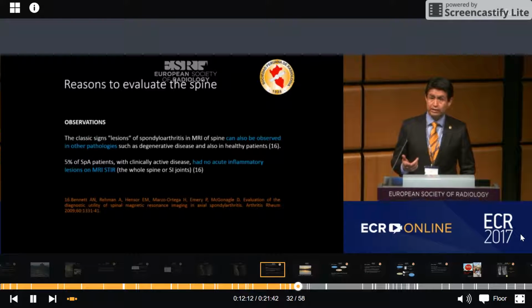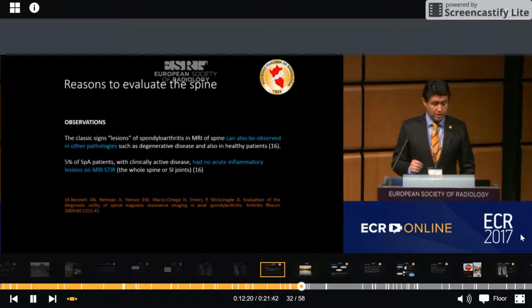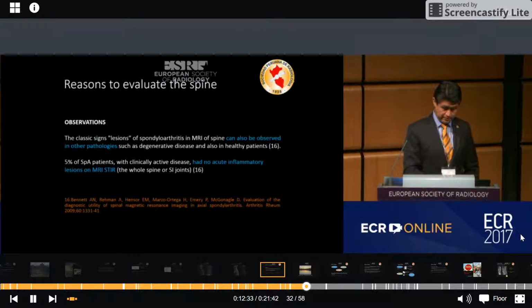We need to know that because we can overdiagnose spondyloarthritis. 5% of the SPA patients with clinically active disease have no acute inflammatory lesions on MRI STIR of the whole spine or SI joints. We need to know that.